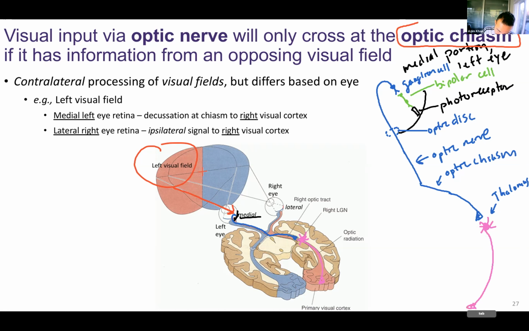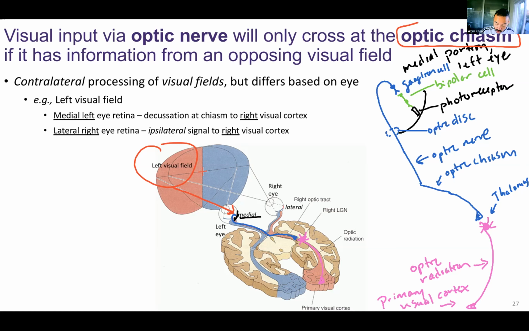The term for this axon, these are optic radiations. If we see something in our left field of view, it gets processed in our right visual cortex. There's contralateral processing of field of view. It is not exactly related to which eye.